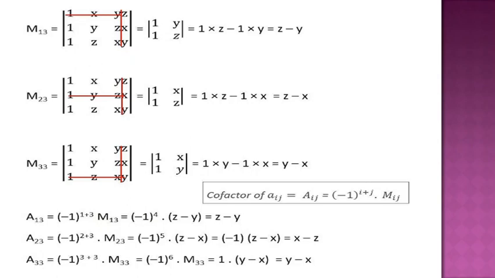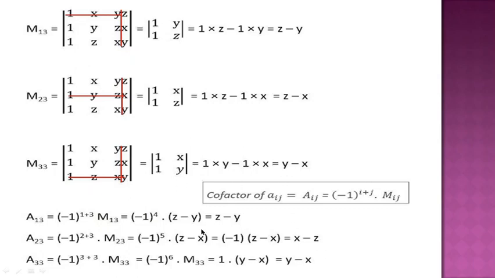M13 means first row and third column we will cross, and this is Z minus Y. Here M23, second row and third column we have to cross, this is Z minus X. And M33 means Y minus X. Now cofactors: A13, 1 plus 3 is 4, which is positive, so Z minus Y only. And A23 is negative, so it will be X minus Z. And 3 plus 3 is 6, which is even, so Y minus X only.